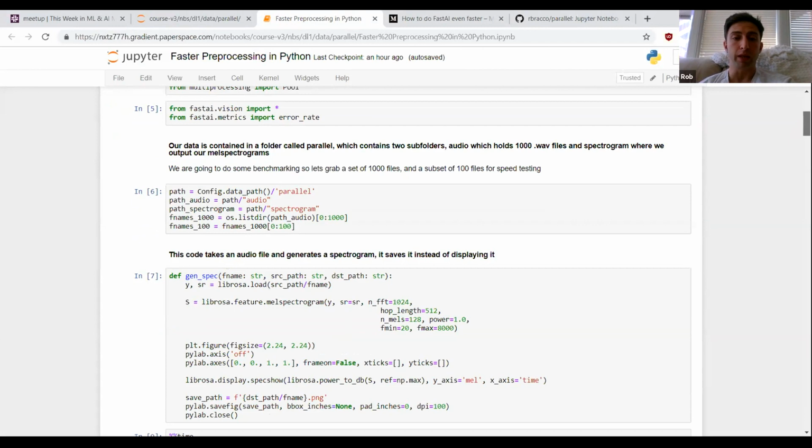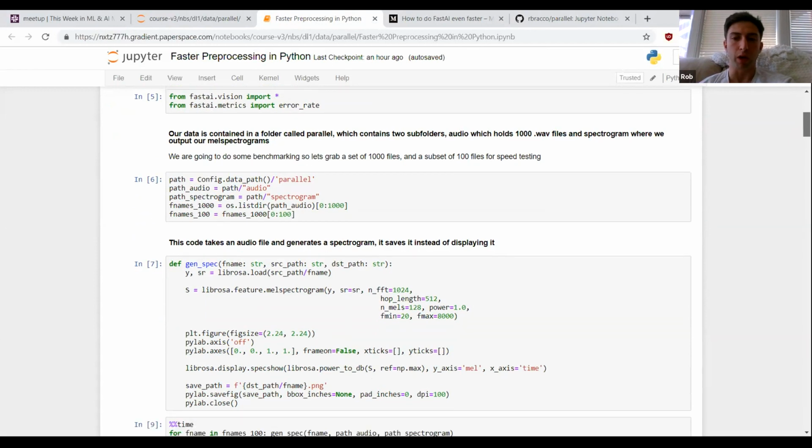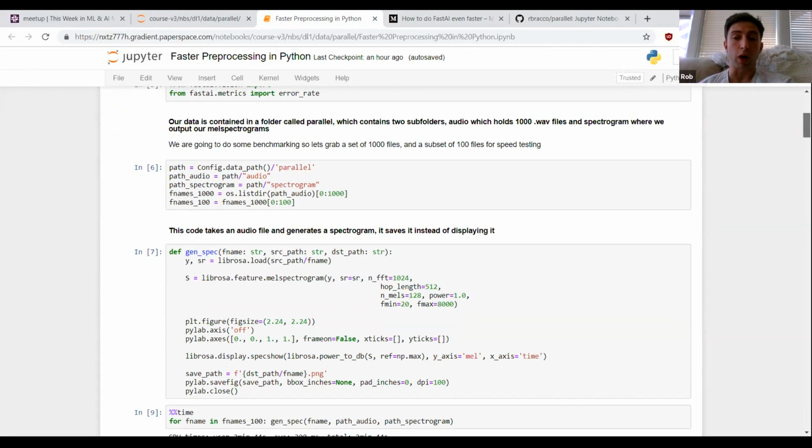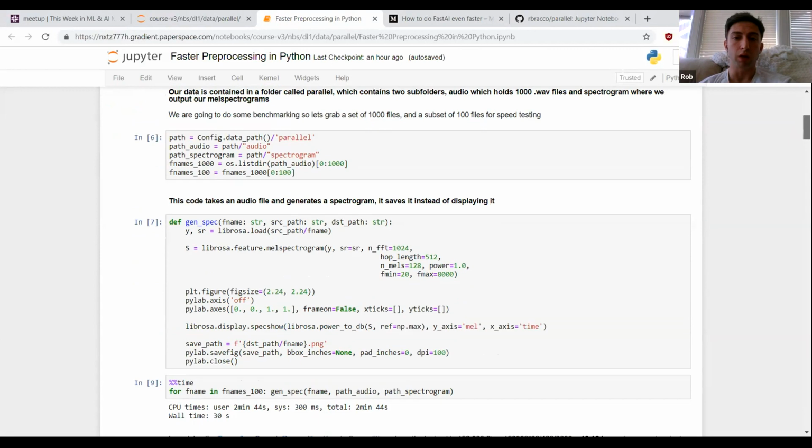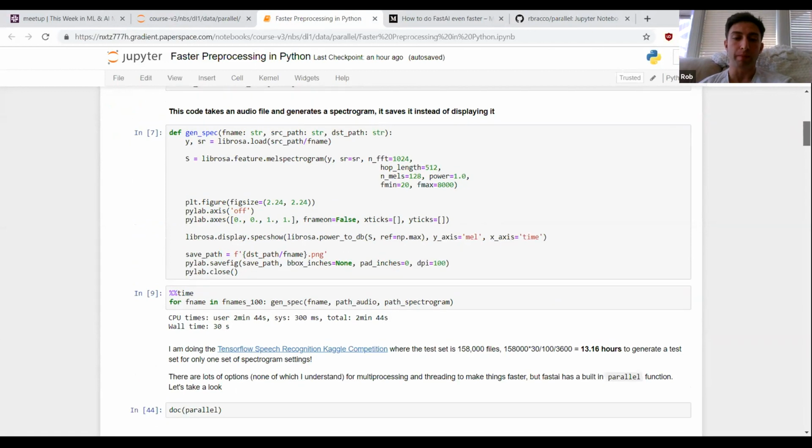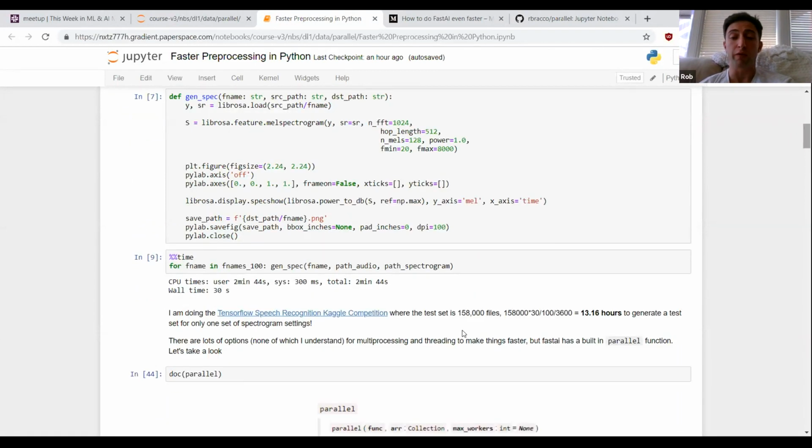So I was competing in the Google TensorFlow speech challenge for audio recognition, and it's an expired competition, but one of the things it requires is judging and predicting on huge amounts of audio. I ran into the problem that I had 158,000 files in my test set, and my method was based on generating spectrograms, taking an audio file and converting it to an image for image classification.